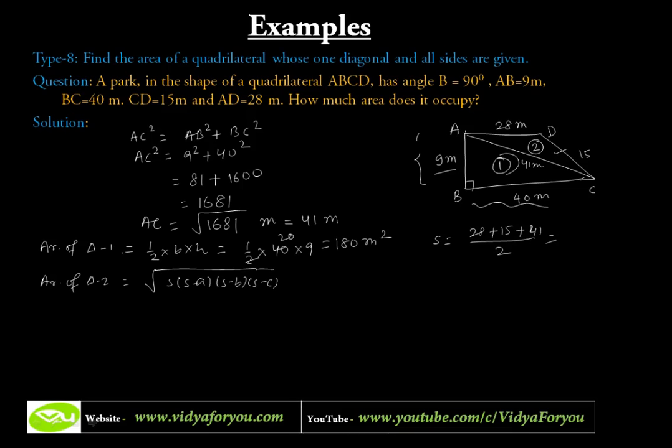Let's add it. So it will be 84 by 2, 42 meter. So S minus A will be 42 minus 41, which is 1, S minus B is equal to 42 minus 15, S minus C is equal to 42 minus 28.